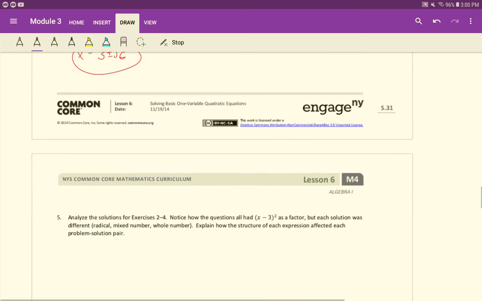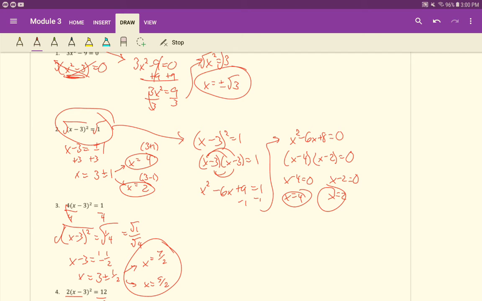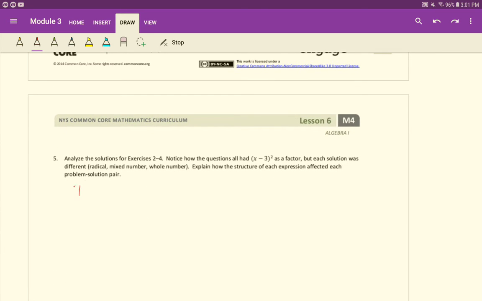All right, so let's go just to number 2 first. So number 2, this is what we started with, right? And we ended up with two whole numbers, 4 and 2. So why did that work out? Well, in number 2, we took the square root of a perfect square whole number.